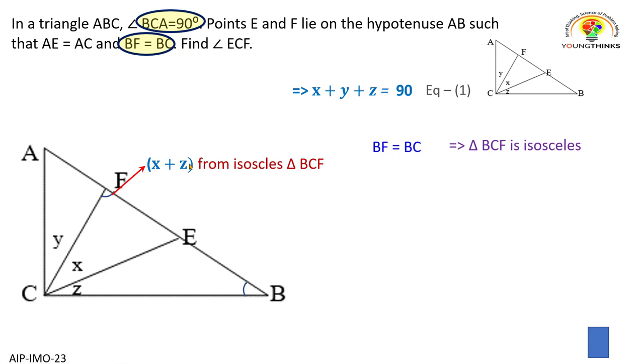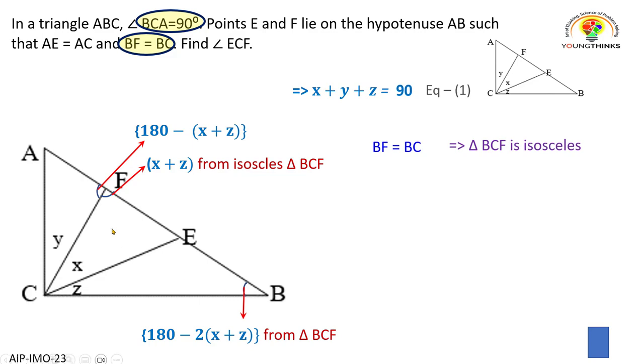Then we'll use the fact that these two angles are x plus z, so the third angle is going to be 180 minus 2 times x plus z. 2 times x plus z is subtracted from 180 for this angle. Now from a straight line, 180 degrees, if I subtract x plus z, angle AFC is going to be 180 minus the sum of x plus z.